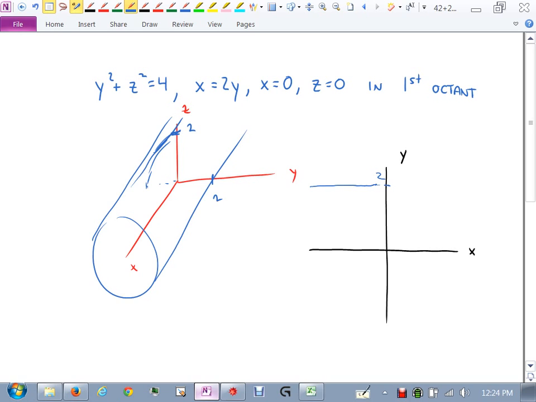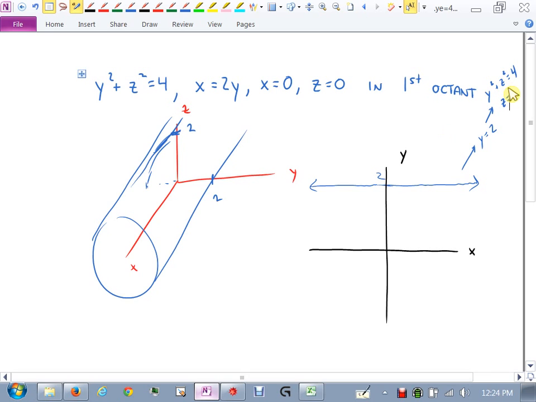That's 2 there. And that actually comes from the idea that y squared plus z squared equals 4, but z is 0, right? So I'm jotting that down.